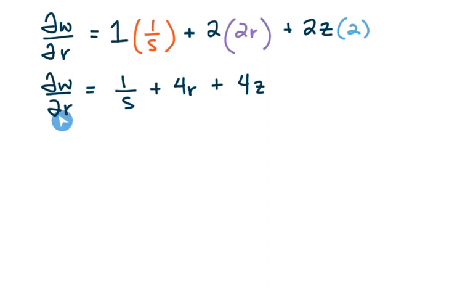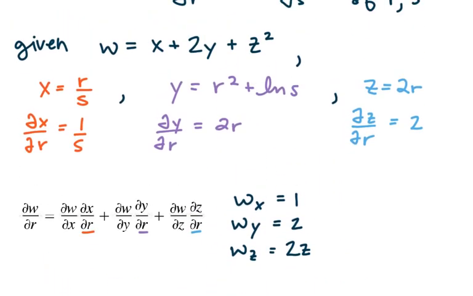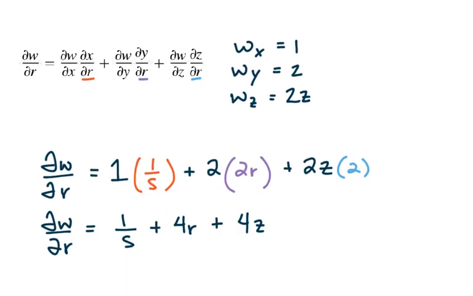Now, we want this partial derivative to be in terms of my independent variables, R and S. So I have this Z. We need to say, what is Z in terms of R and S? Scrolling back up, we have that Z was given as 2R.